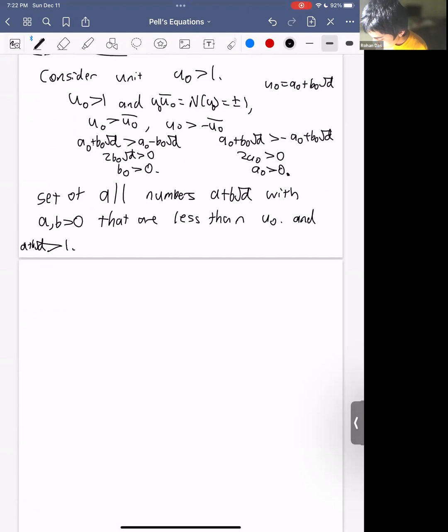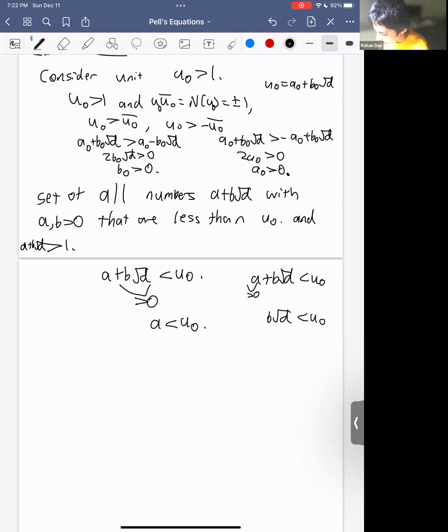We can compare this to u0. Here, because b root d is greater than 0, we must have that a is less than u0. And because a is also greater than 0, we have that b root d is less than u0.